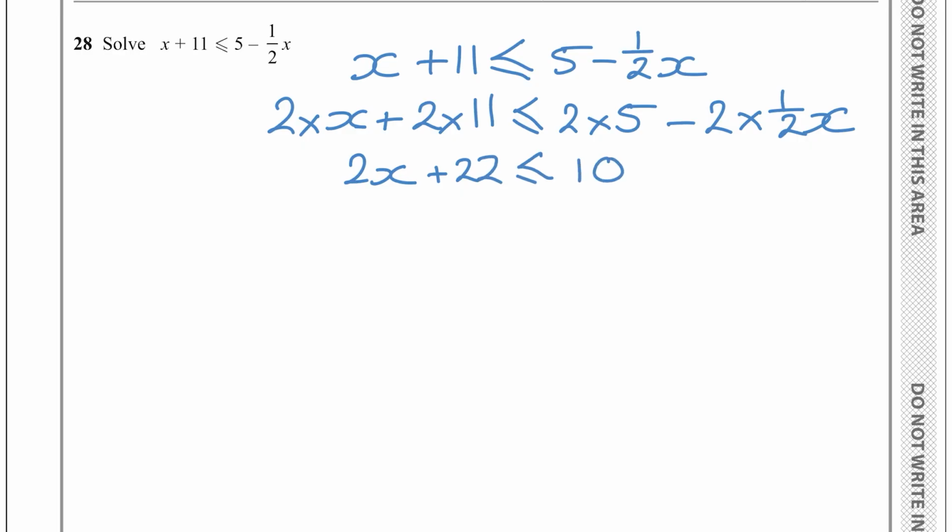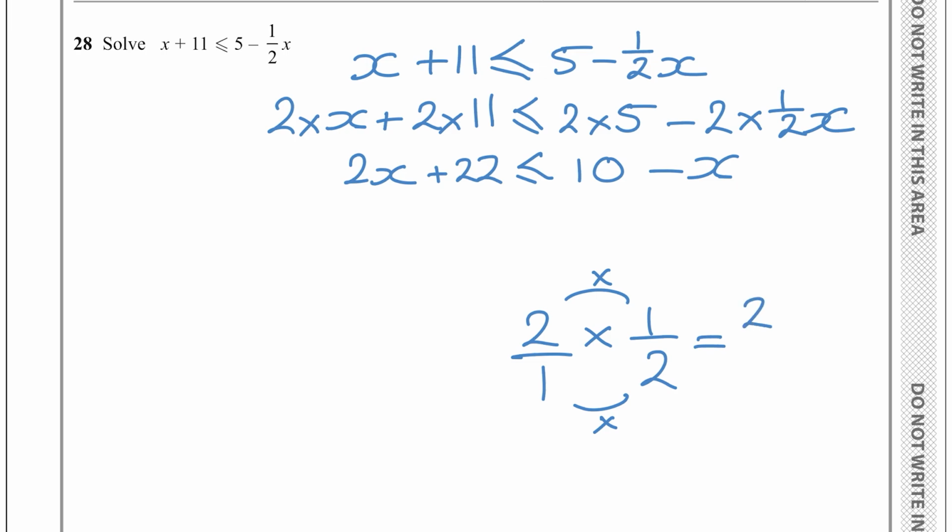Minus 2 times a half x, that becomes minus x, because when you multiply by a fraction, so we've got a whole number and a fraction, pop the whole number over 1, you multiply the top and the bottom. So the numerator's 2 times 1 is 2, over 1 times 2, that's 2, and you can just see that's 1. So that's why the fraction disappears.